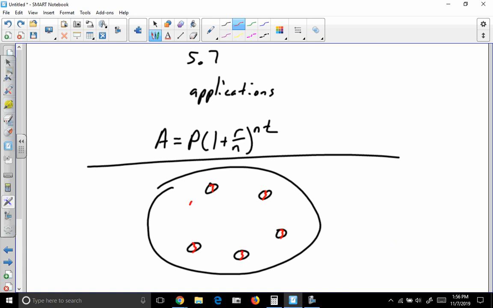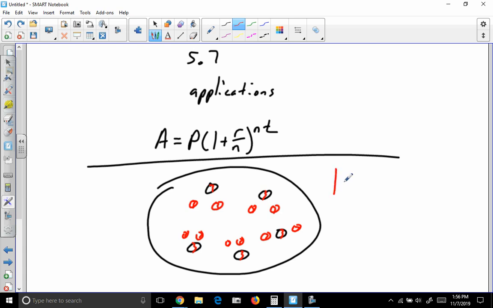And as soon as they split into two different cells, then they're going to split again. And that's going to be continuously happening. It's not going to be like they grow and they wait a week and they grow again and they wait a week and they double again. They're constantly going to be going through this reproduction cycle.